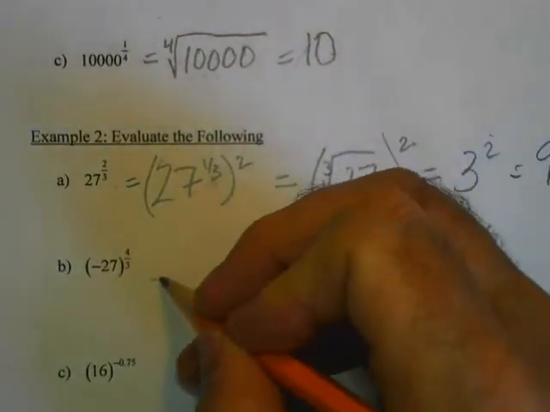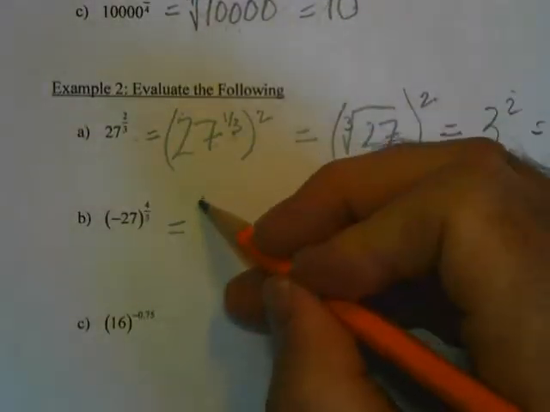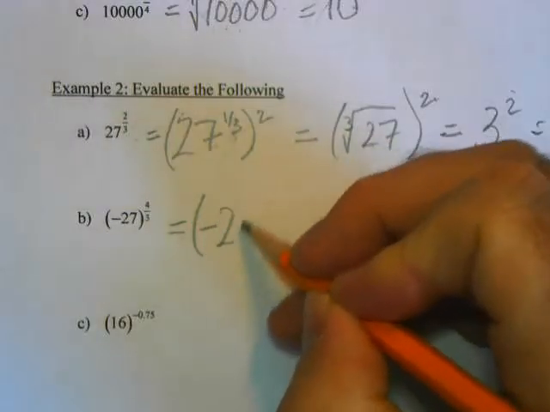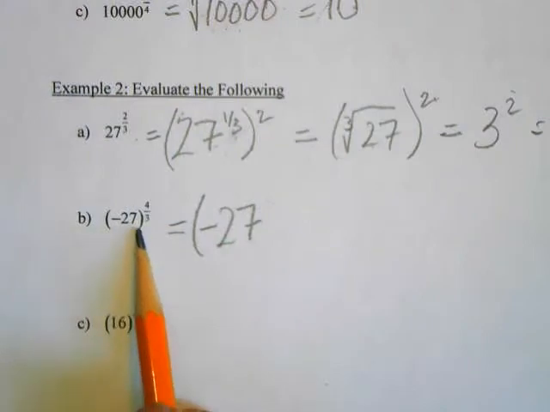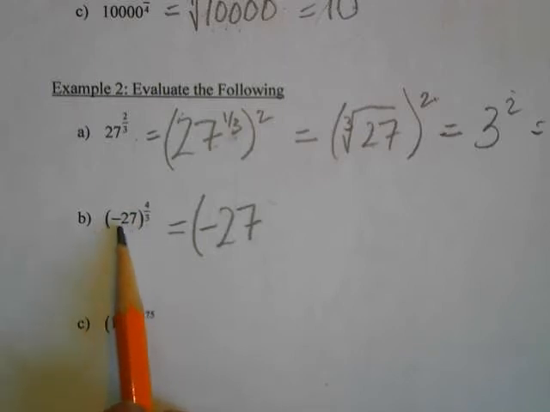All right, so here we have -27 to the 4/3, so similar to what we just did. Now notice we've got brackets around the -27. That's important because it's saying that the base here is negative 27, it's not 27 to the 4/3 with a negative sign in front of the answer. Very important.